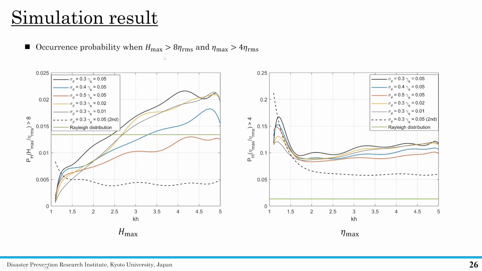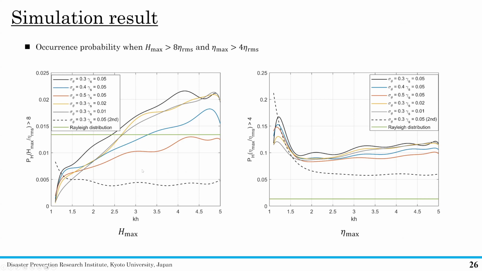The definition of a freak wave is 2 times the significant wave height, which means the maximum wave height is over 8 times the RMS. We call it a freak wave, and we compute statistics of all the values in our Monte Carlo simulation to get the ratio of occurrence, and we directly give the result.